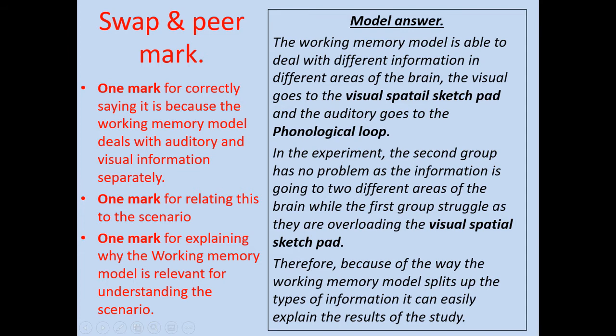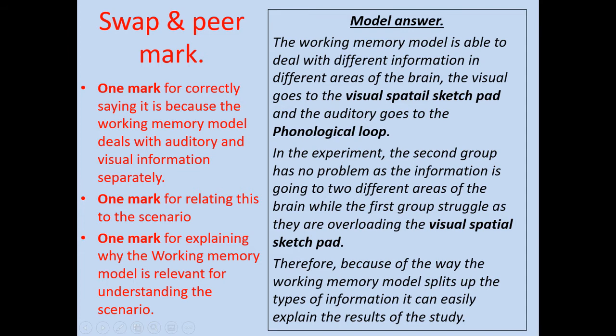So let's look at this model answer. The working memory model is able to deal with different information in different areas of the brain. The visual goes to the visual spatial sketchpad and the auditory goes to the phonological loop. That's my first mark under the belt. In the experiment, the second group has no problem as the information is going to 2 different areas of the brain, while the first group struggles as they are overloading the visual spatial sketchpad.